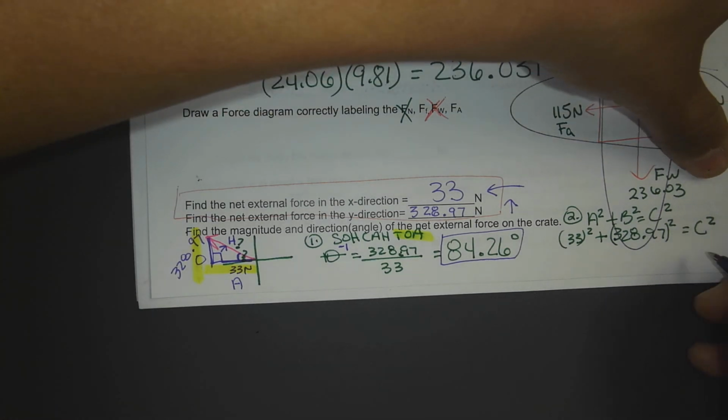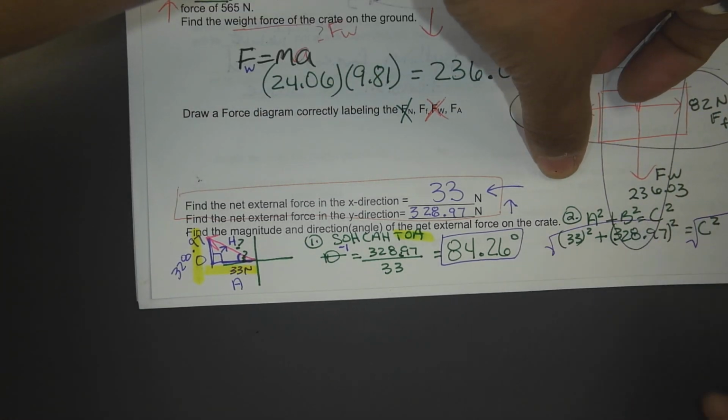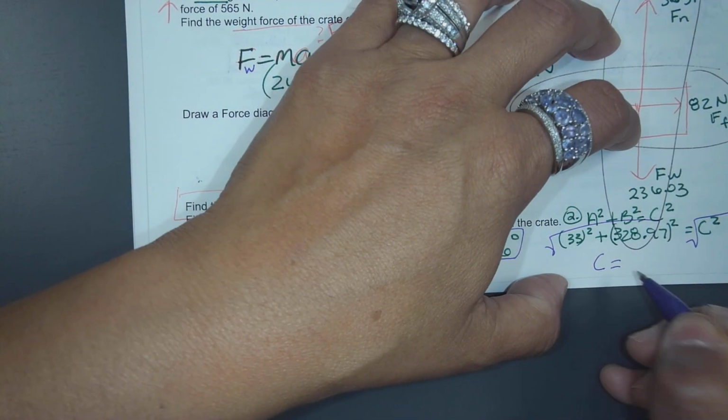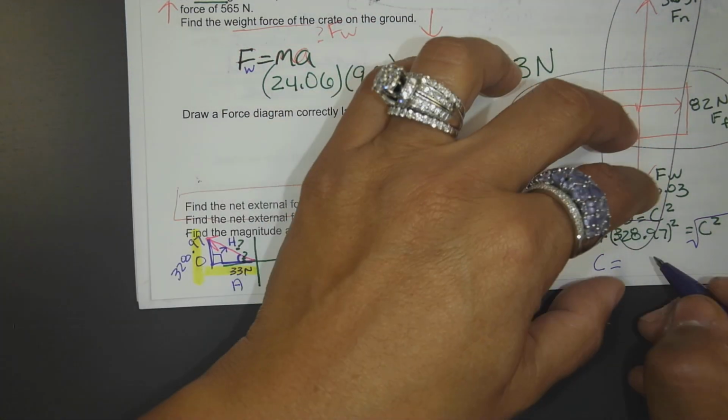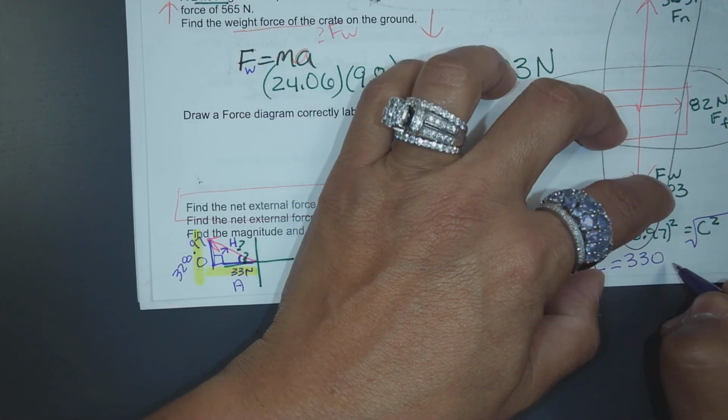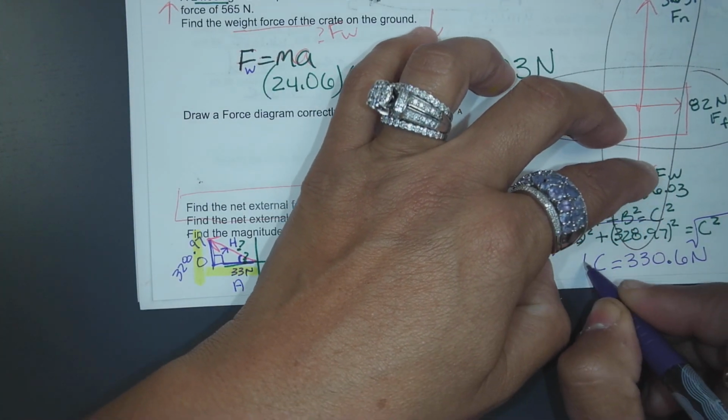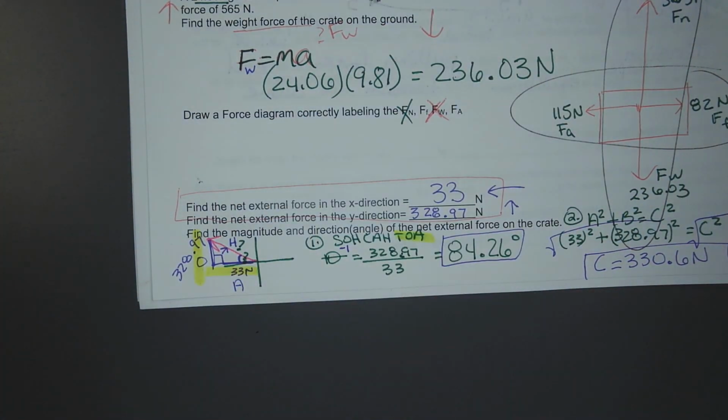Please don't forget to square root it and double check my math. I ended up with a hypotenuse, because that's truly the leg that I'm looking for, or the C, of 330.6 newtons. And I'm just going to box that in.